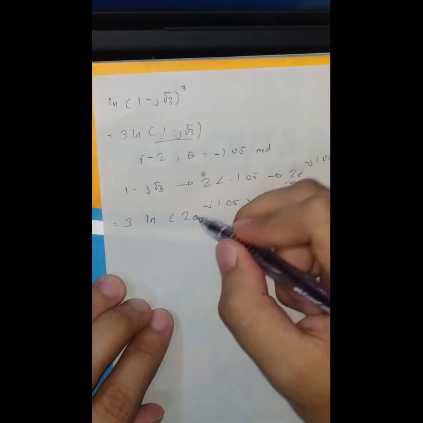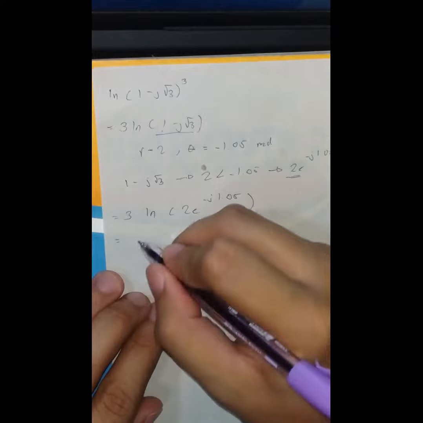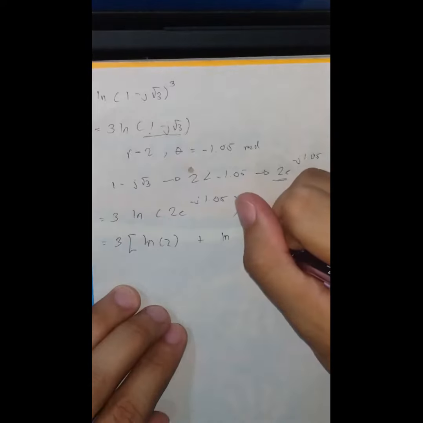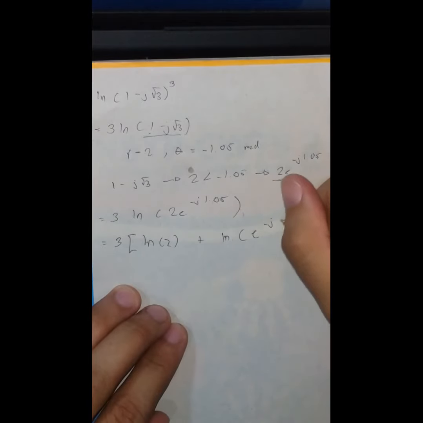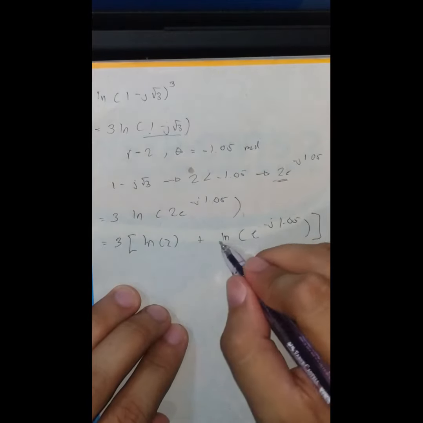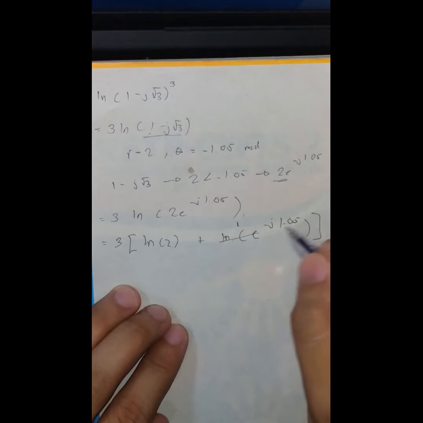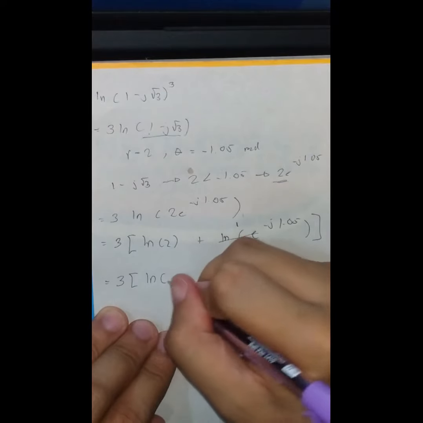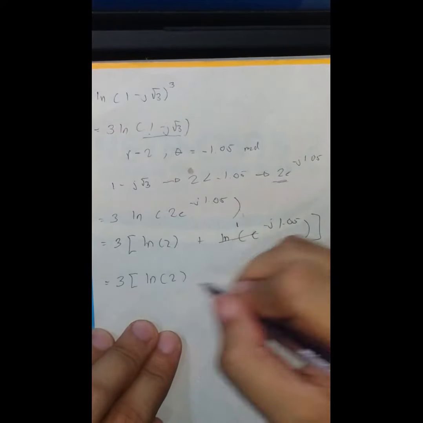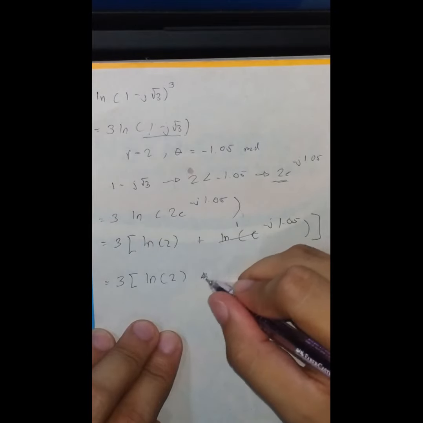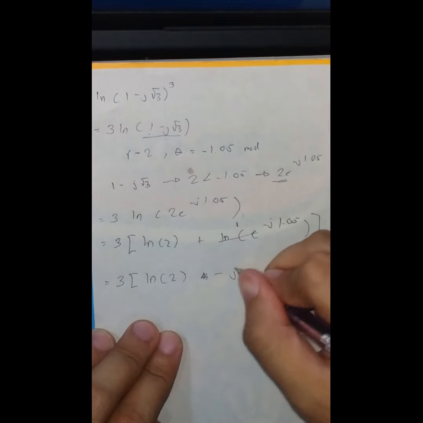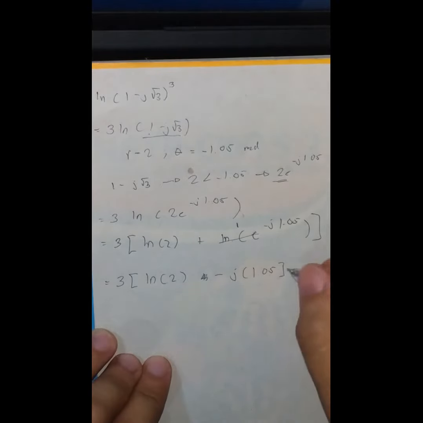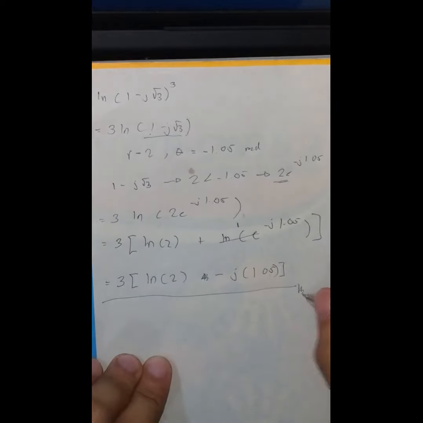And by using the properties of ln, we get 3 times ln of 2 plus ln of e raised to negative j 1.05. We cancel out ln of e because this becomes 1. So our final answer should be 3 times ln of 2 minus j times 1.05. This will be our final answer.